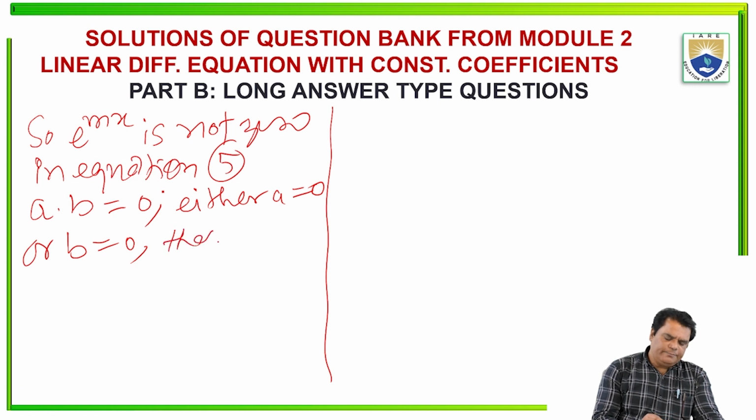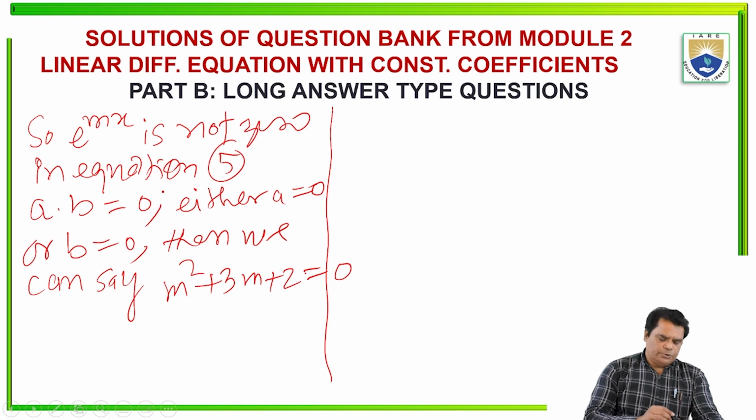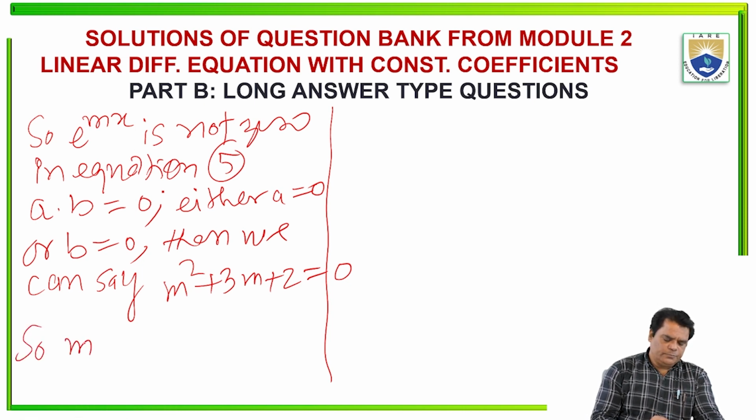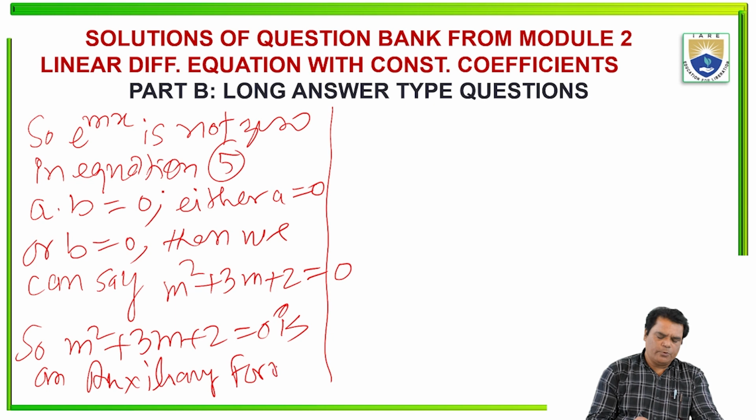Then we can say m square plus 3m plus 2 equal to 0. This is the auxiliary equation of 3.